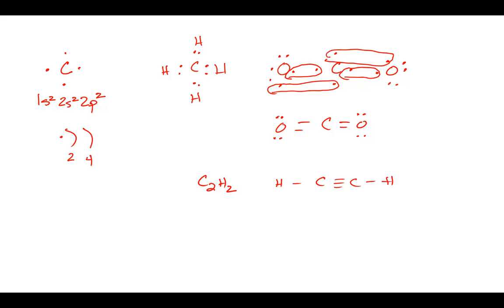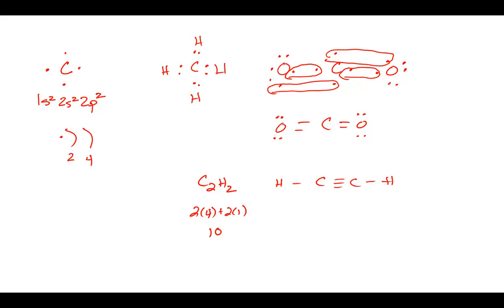Well, you know that carbon's got to have 4 bonds, and you know hydrogen can only have 1 bond, and the total number of valence electrons here is 2 times 4 for the carbon, plus 2 times 1 for the hydrogen. So that's a total of 10 valence electrons.